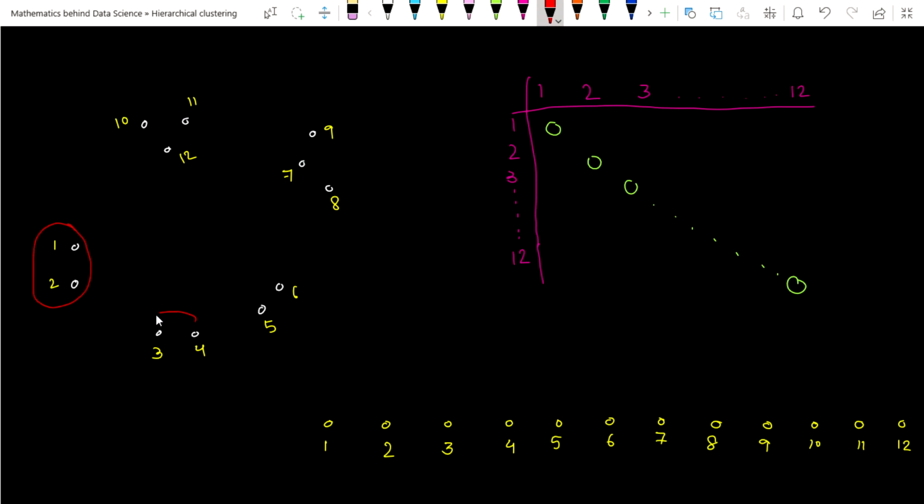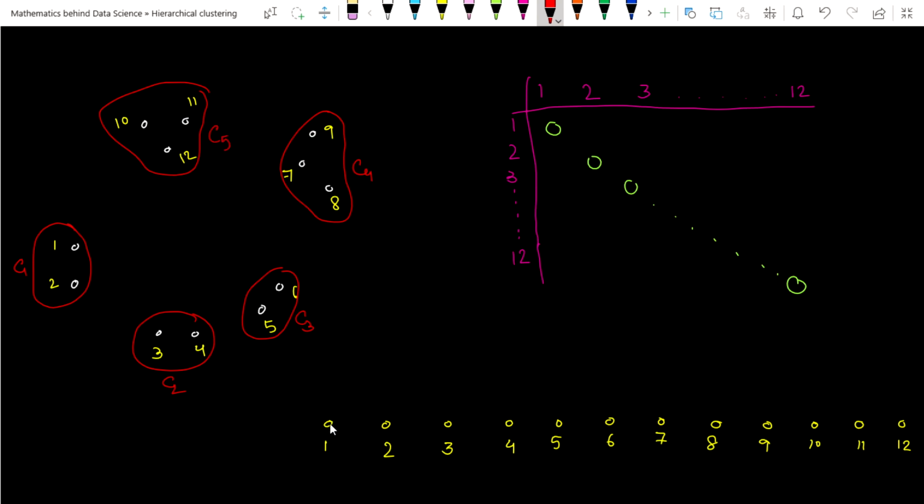This will make a cluster, this will make a cluster. Let's take this is a cluster C1, C2, C3, C4, C5.